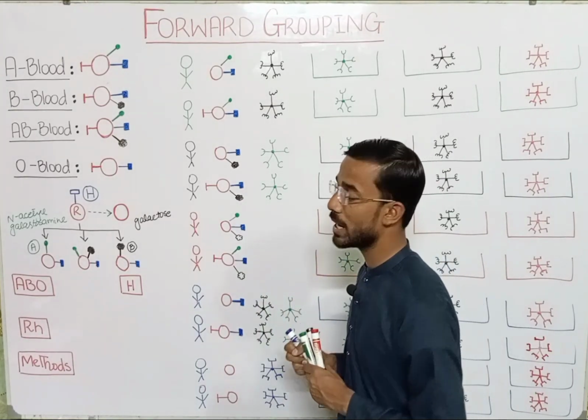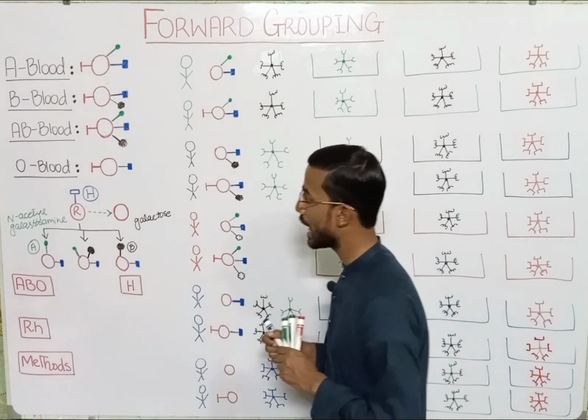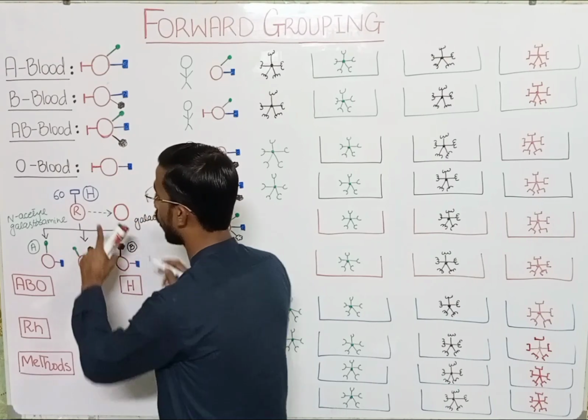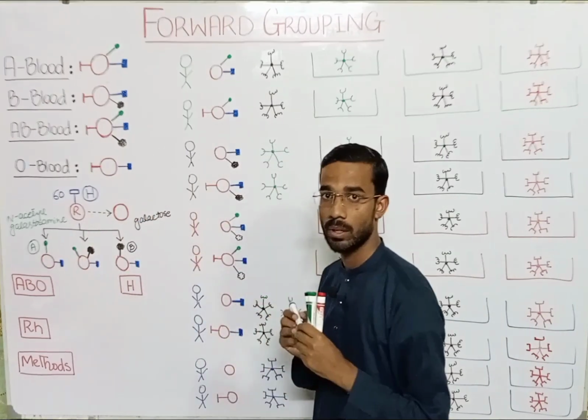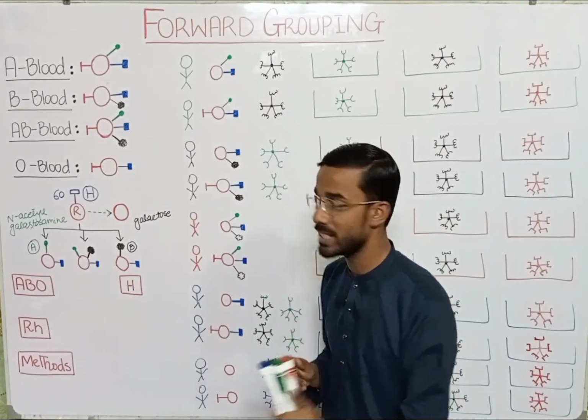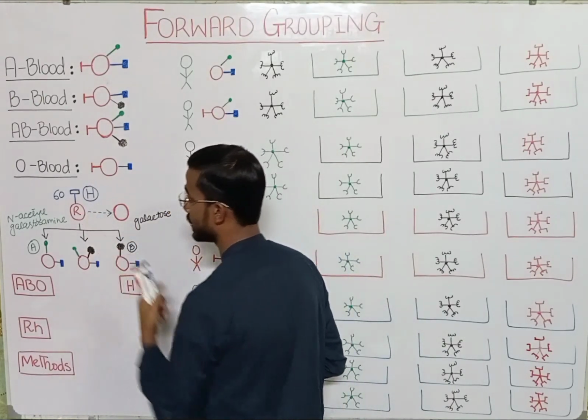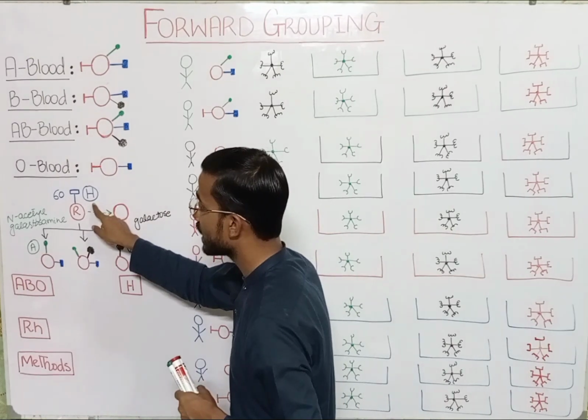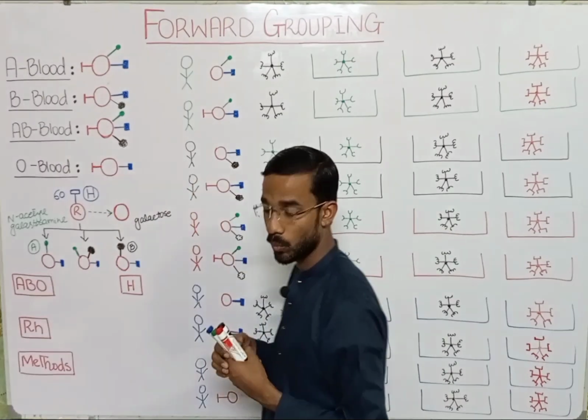So if 60 H antigens are present on this RBC, and I say that H antigen converts into A, in what amount?